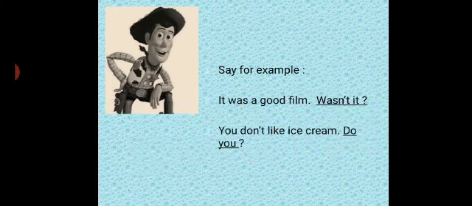In this sentence, wasn't it is the question tag which is underlined here. What is that it? It means the film. It was a good film, wasn't it? If I ask you, wasn't it? What will be your answer? Yes, it was a good film. Correct?